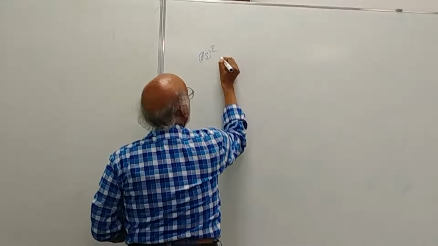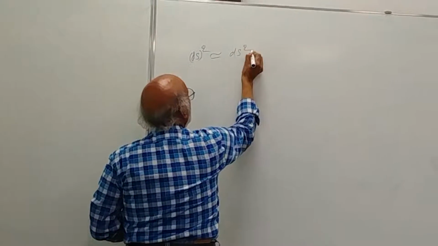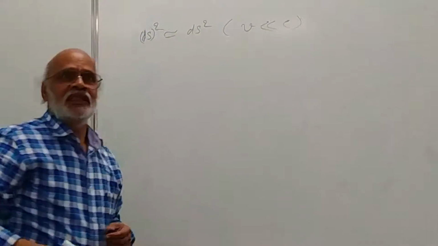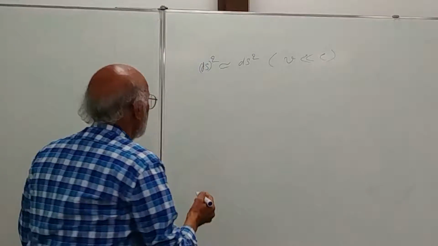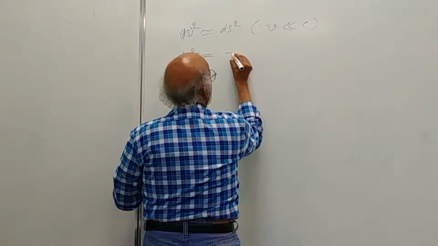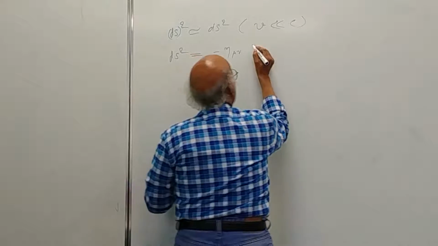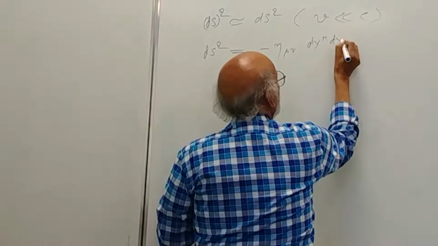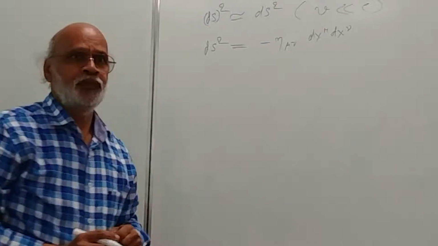So this is as long as v is less than c. Okay, and for ds square we could write minus eta mu nu dx mu dx nu.